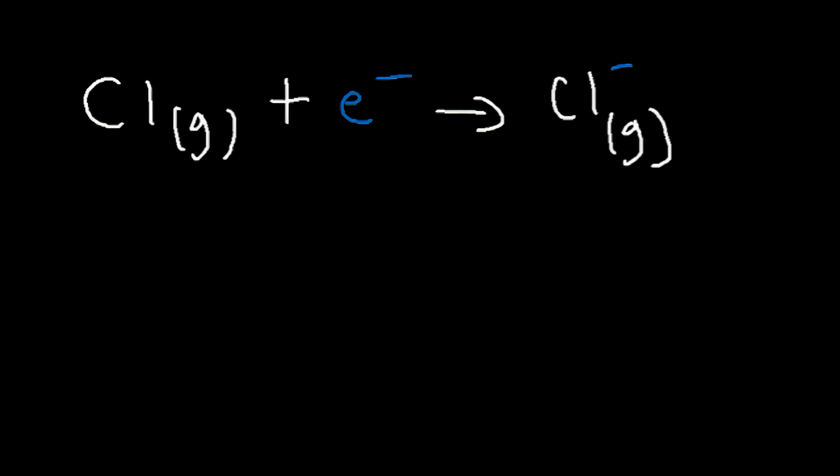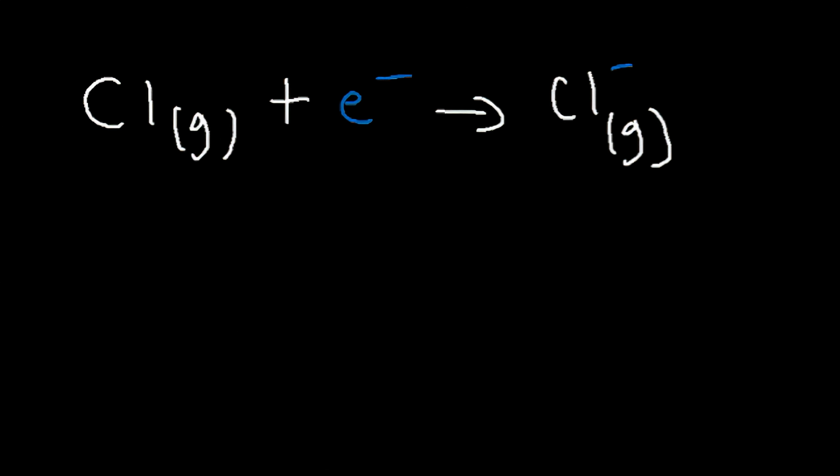And whenever energy is released in a reaction, you have an exothermic reaction. So chlorine has a strong desire for electrons. When it acquires an electron, it turns into chloride, and so it releases a lot of energy. So the energy that's released in a reaction is associated with the element's electron affinity.